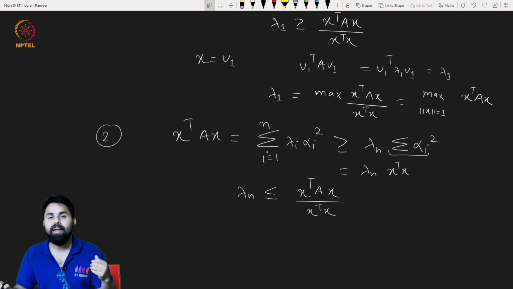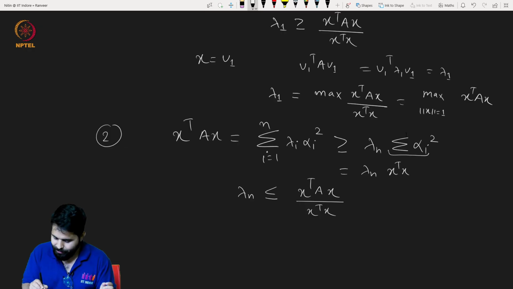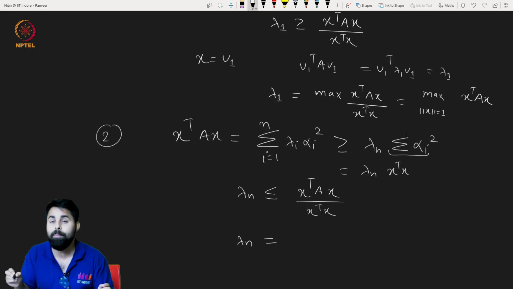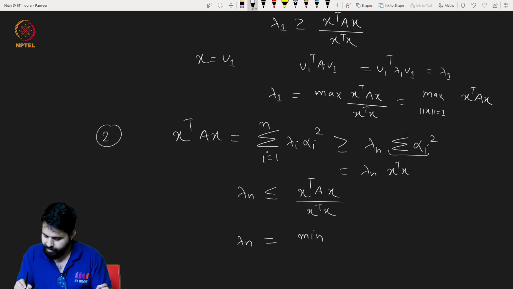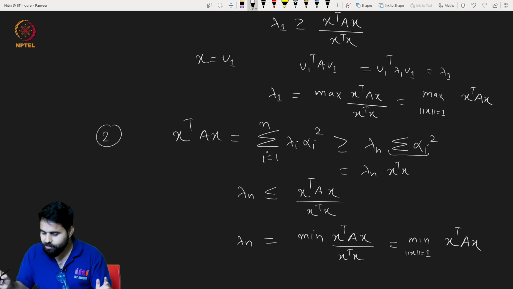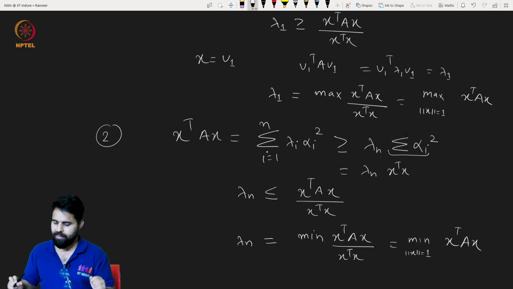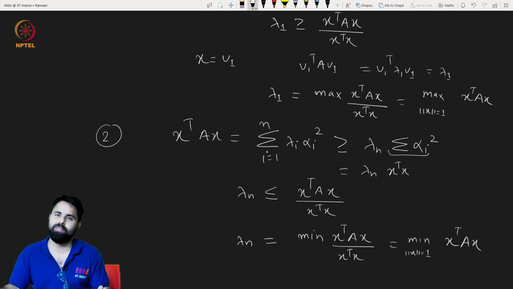So that means lambda n is indeed equal to the minimum of X transpose AX divided by X transpose X. And we will make a lot of use of this fact.